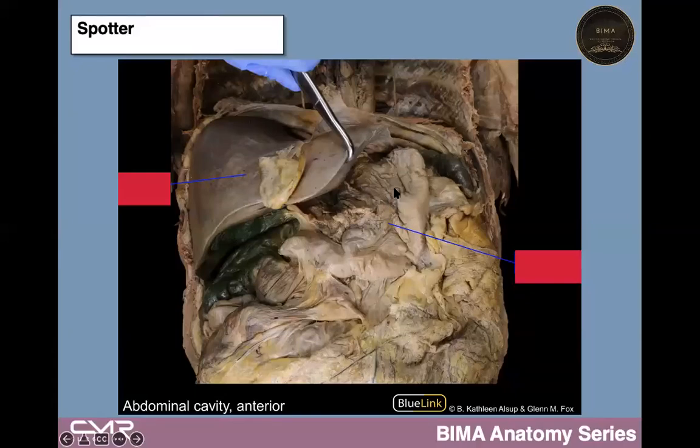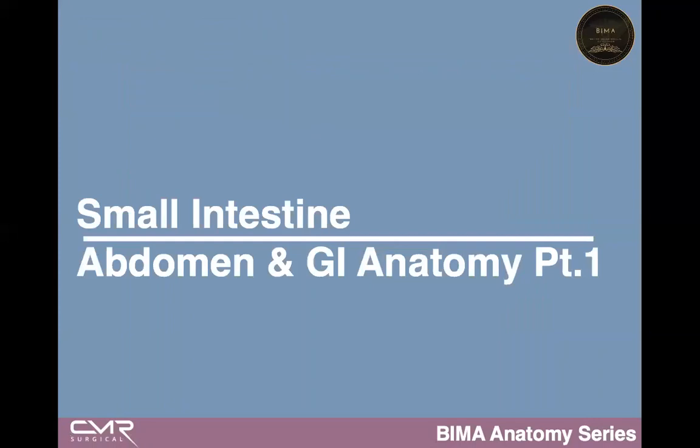And the stomach will obviously be an extension of the esophagus, which will be protruding through the diaphragm as well. So that's a really good way of double checking that you're in the stomach and not anywhere else. Right, so as everyone correctly answered, that is the liver and the stomach.